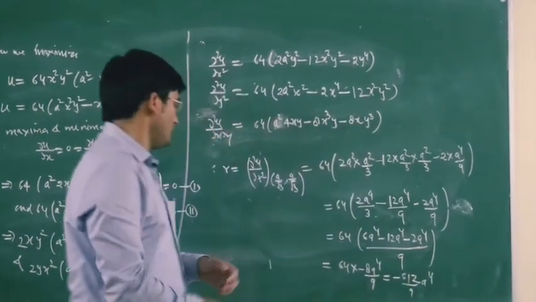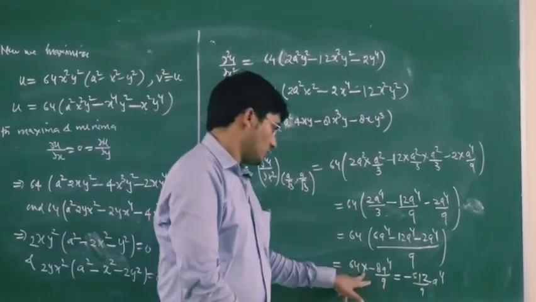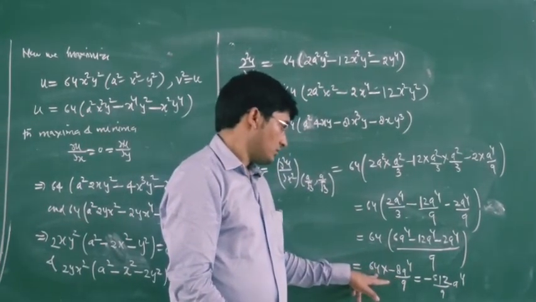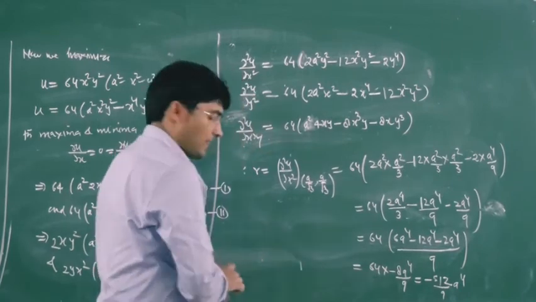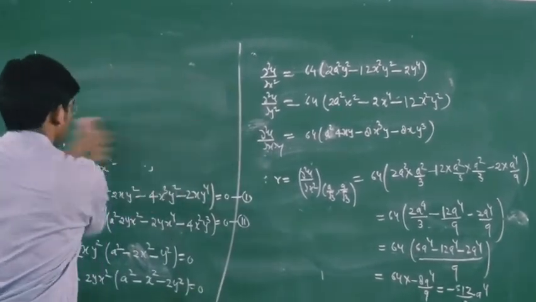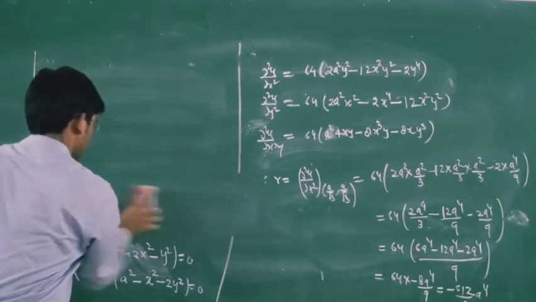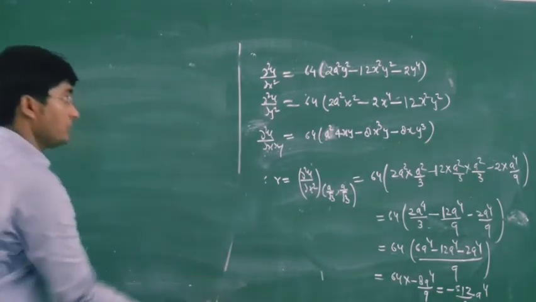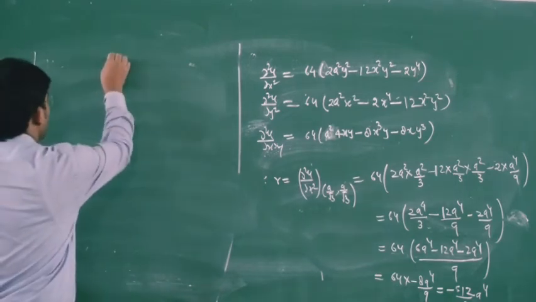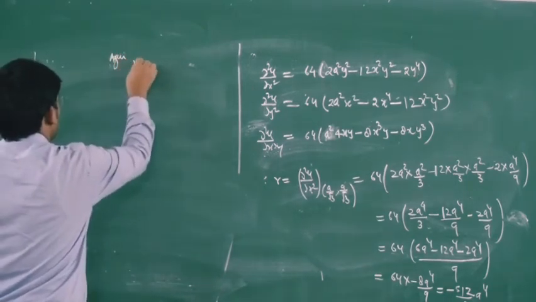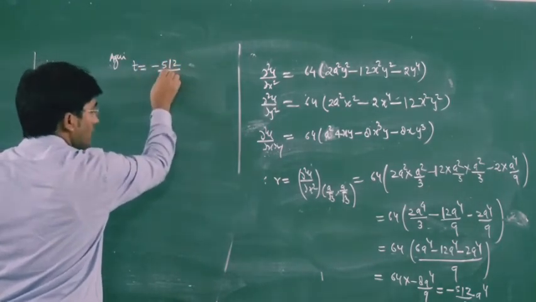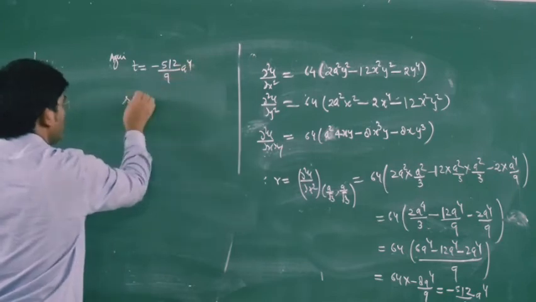So this is our r. Similarly, as x and y are symmetrical to each other, our t will be the same value, that means minus 512 upon 9 into a⁴.